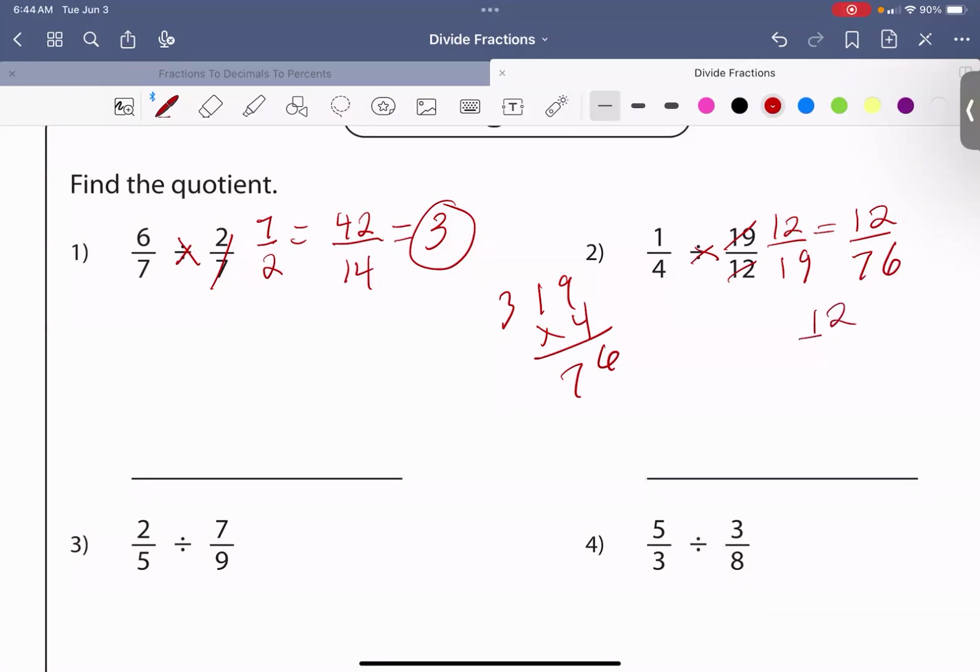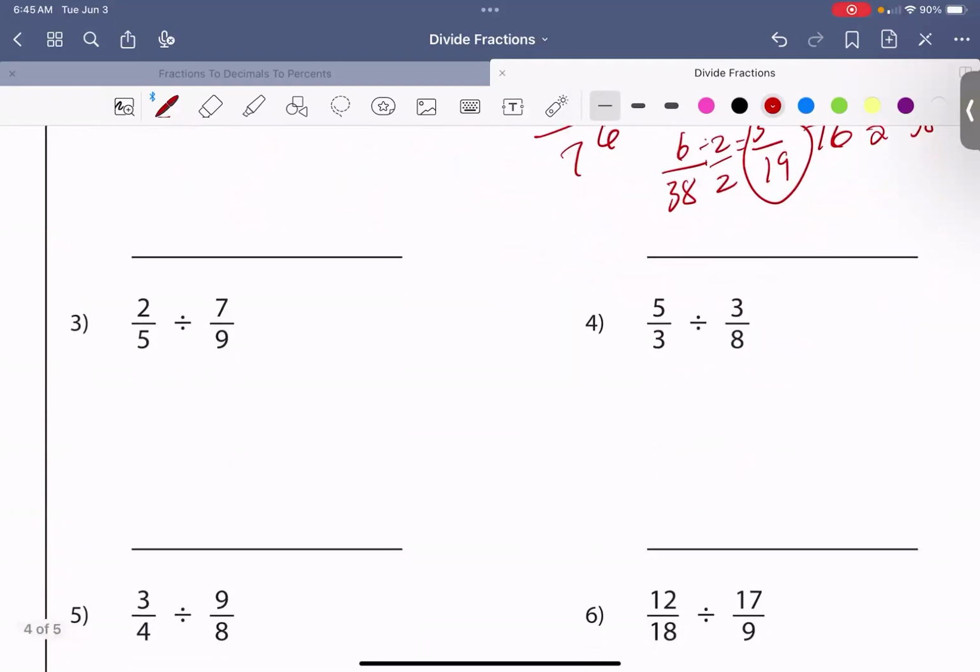So 12 over 76, I think we can divide at least by 2. So we get 6 over 76 divided by 2 is 38. We can divide that again. Divide by 2, we get 3 over 38 divided by 2 is 19. We get 3 over 19.